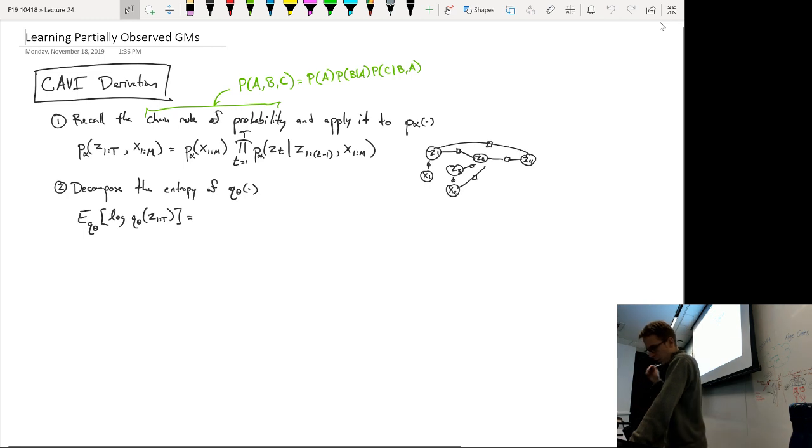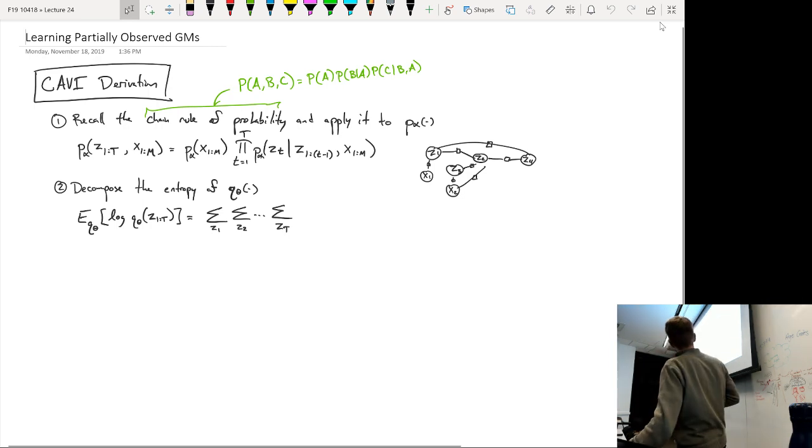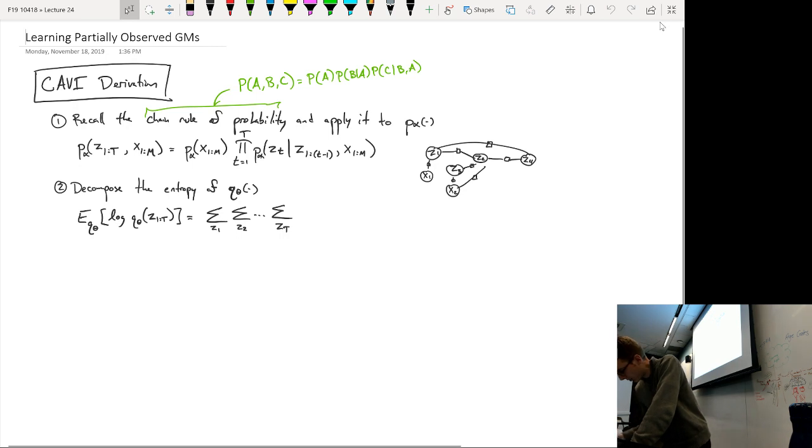So let's first say, this expectation is going to be a sum over z1, z2, up to z capital T, right? And then the term, let me actually make this in two steps here.